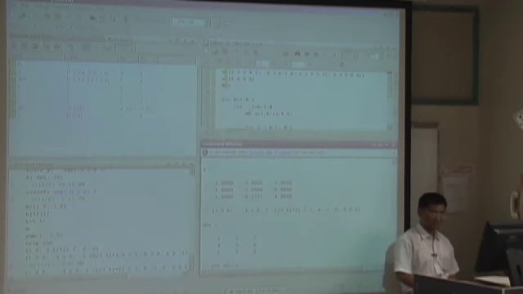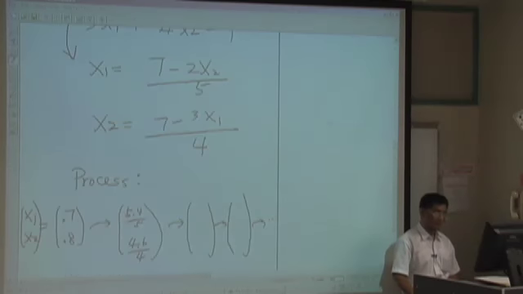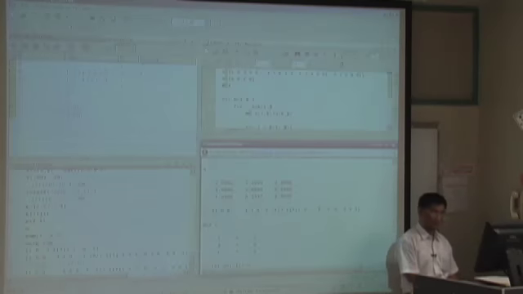Seven minus 2x2 over 5 and 7 minus 3x1 over 4.